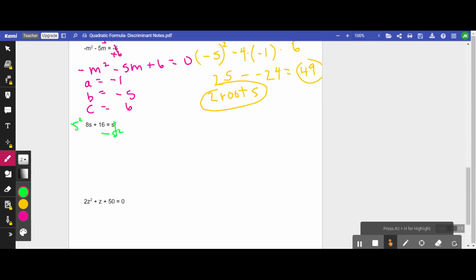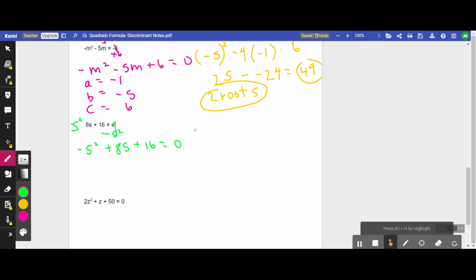And I'll just put it in front, since it's your x squared term, here it's the s's. And then you have positive 8s, and then your plus 16 equals 0.